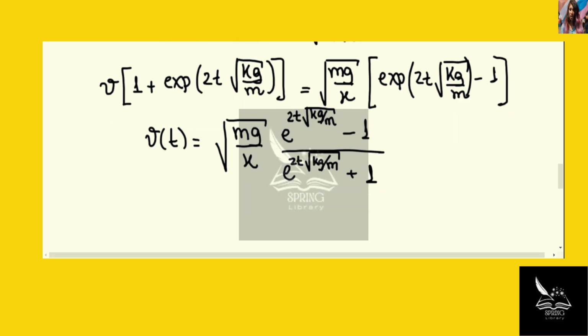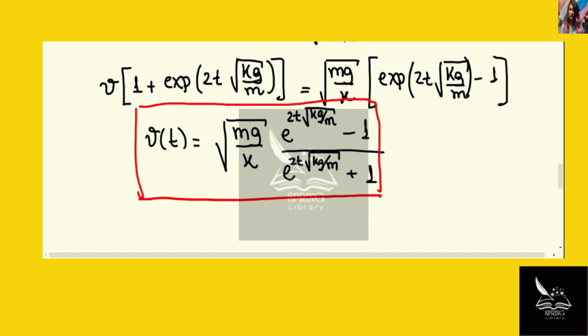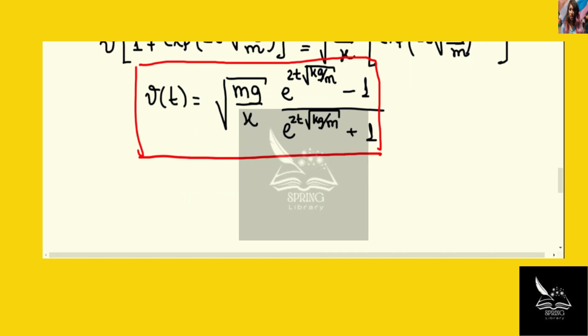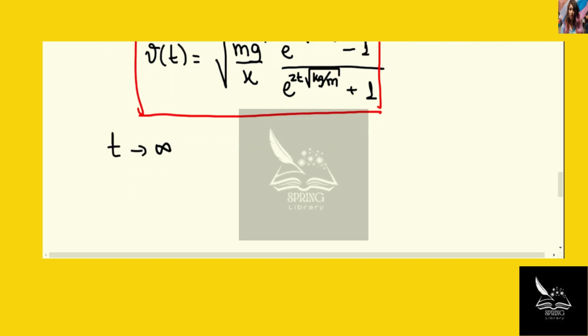So this is the first answer. Then we need to find the speed with which the parachutist hits the ground, and that speed must be taken by making t go to infinity. So we have that v of t going to infinity is equal to the square root of mg divided by k.